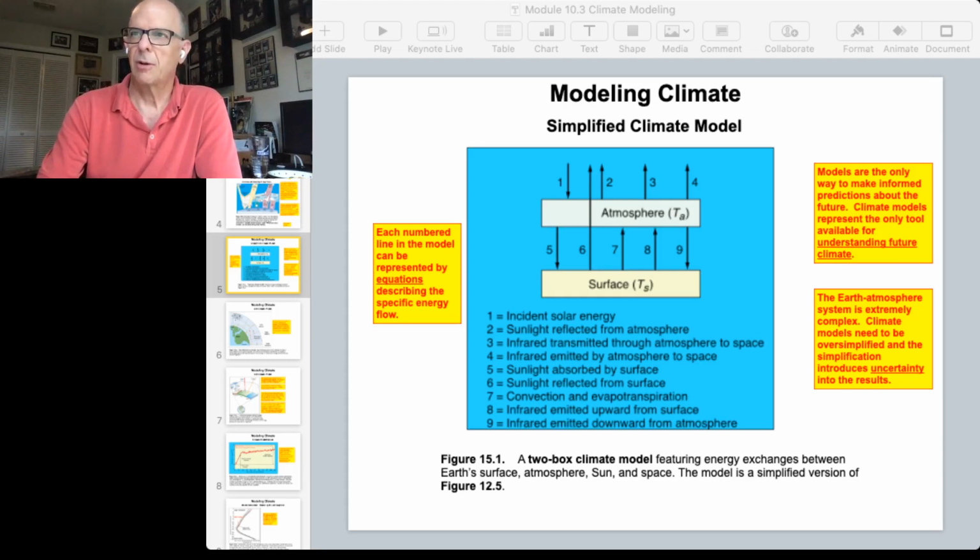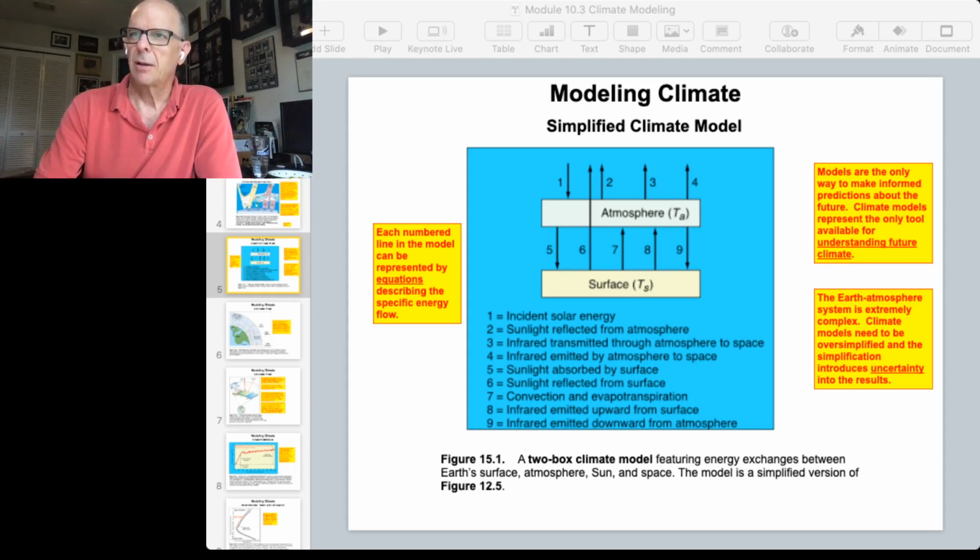For example, we put an instrument out to measure how much solar energy comes from the sun, and then that's a number that goes in for 1. There's no equation there, that's just a number. That's the number that we've seen frequently over the course of the semester, the 1360 watts per square meter at the top of the Earth's atmosphere. Sunlight reflected from the atmosphere would also be a measurement and just a simple number.